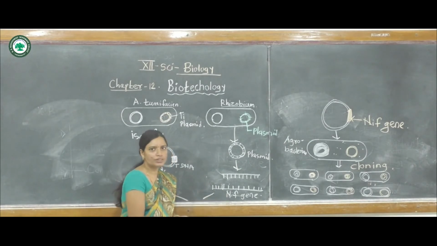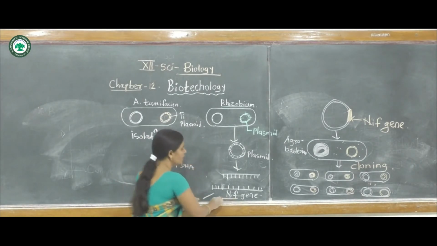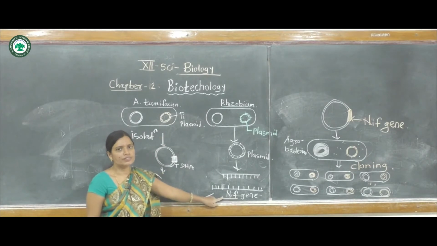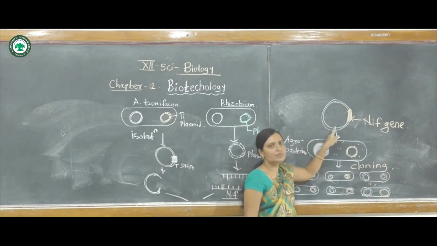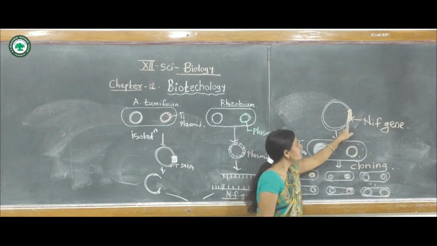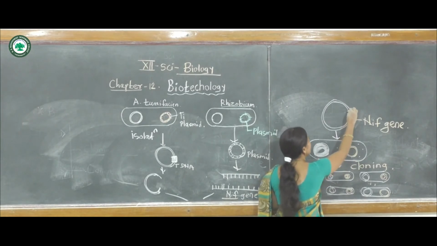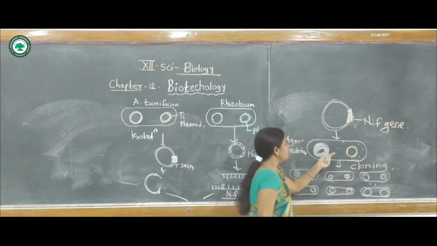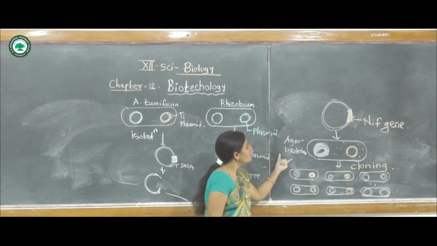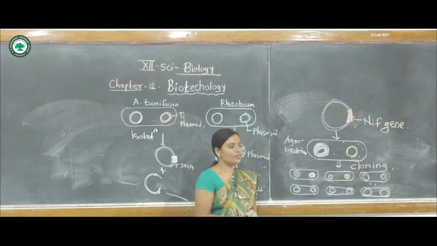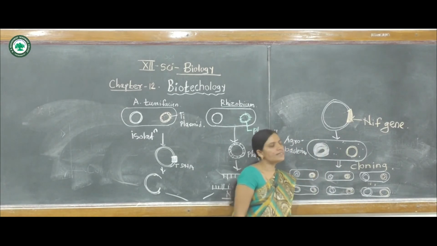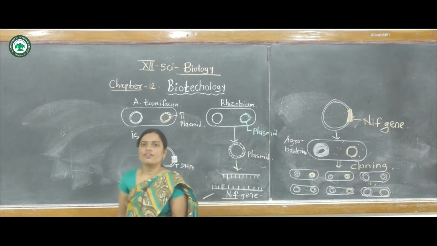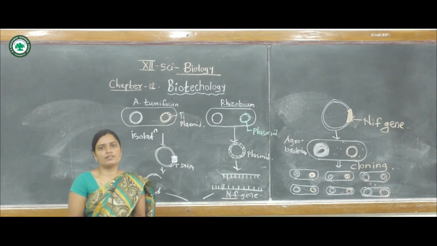One of the important genes, the nif nitrogen fixing gene, is also introduced into the plasmid of the Agrobacterium, and this plasmid can form a number of genes, meaning clones are produced, and the nif genes are produced with the help of these plasmids.